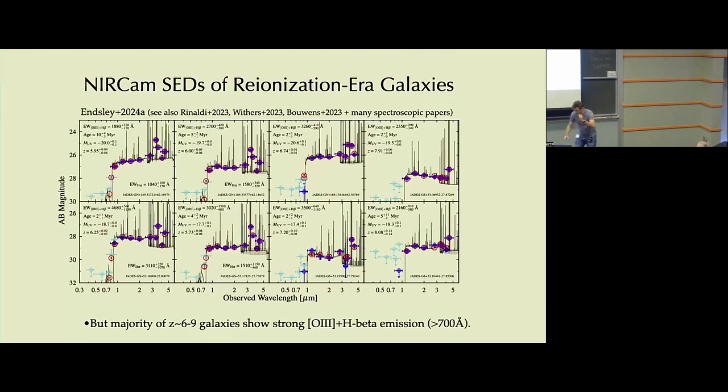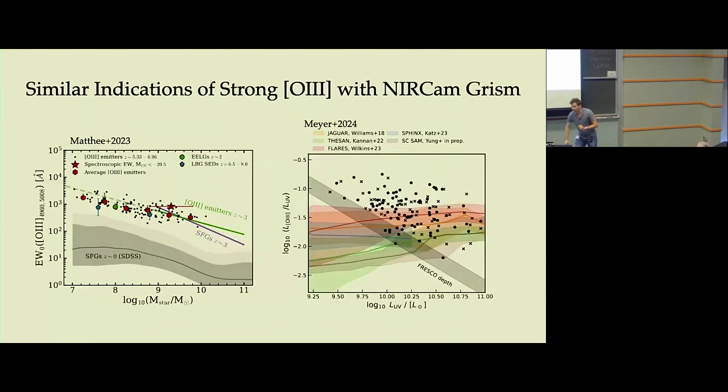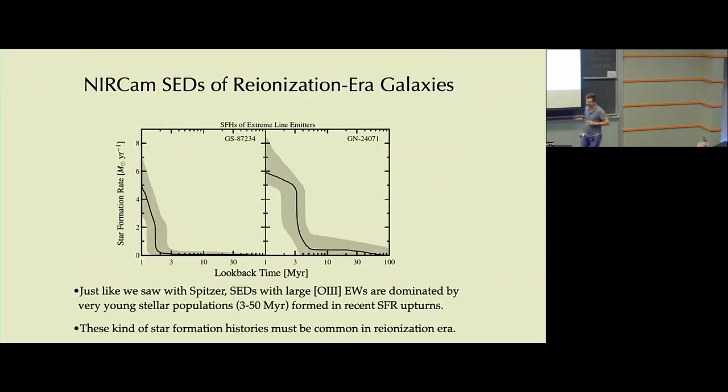So strong oxygen III and H beta is common even among faint galaxies. For those of you who followed the exciting work coming out of the NIRCam grism, a similar picture is seen there. We see a lot of strong oxygen III line emitters. So what this is telling us is, just like we saw with Spitzer, SEDs with these large equivalent widths are common.